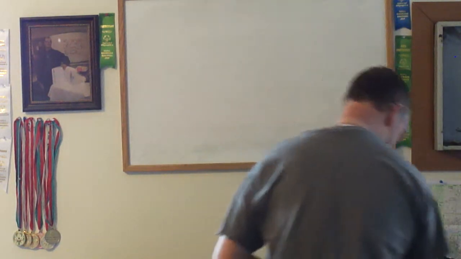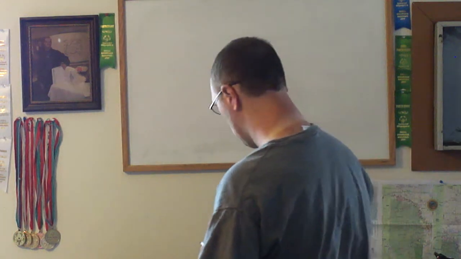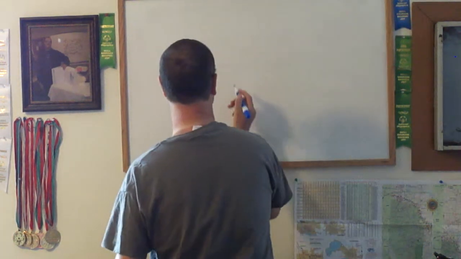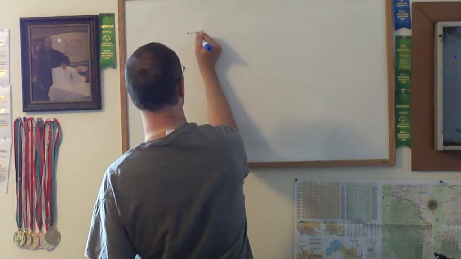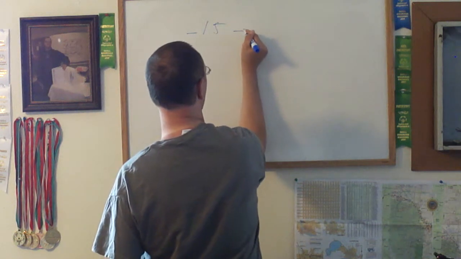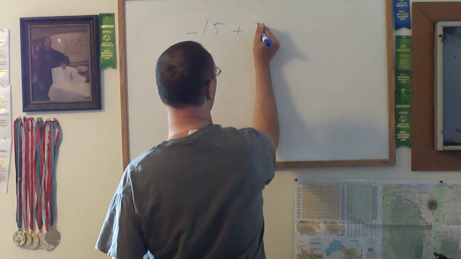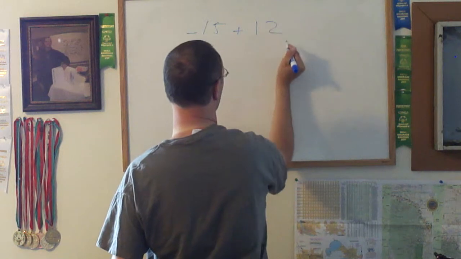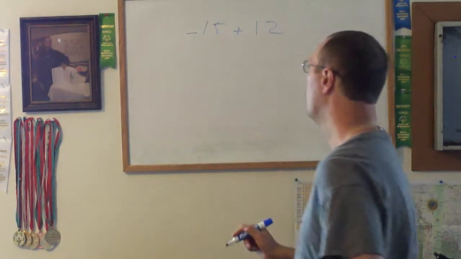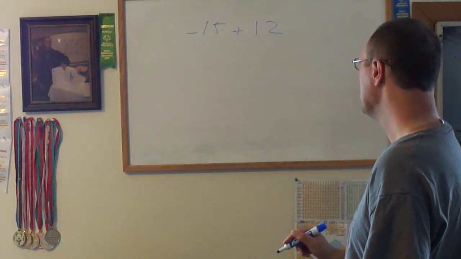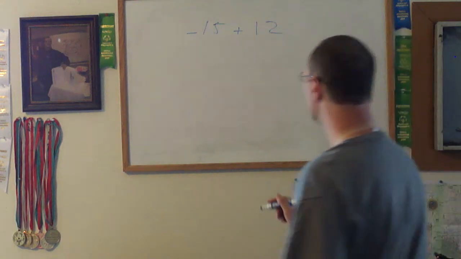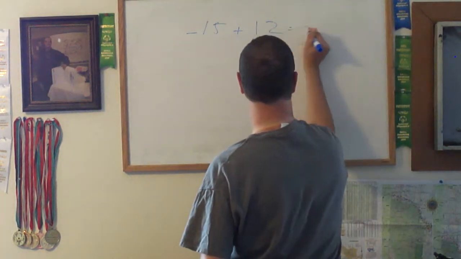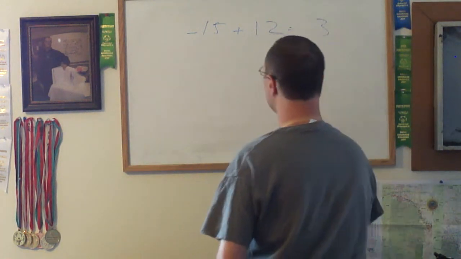Now let's try a bigger number. Negative 15 plus 12. That's easy, it's 3.